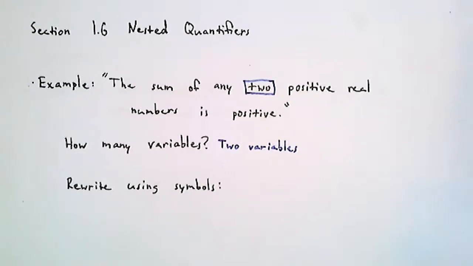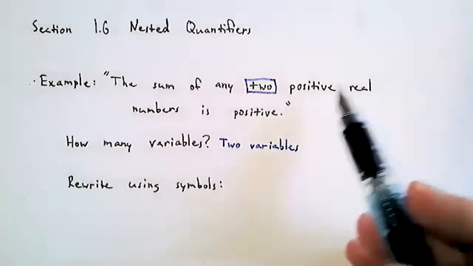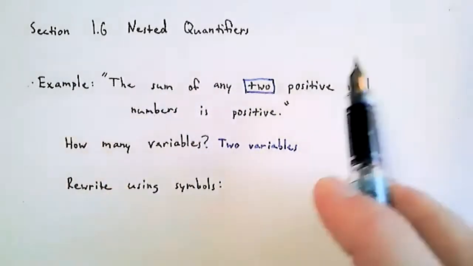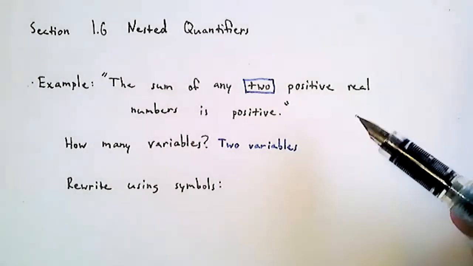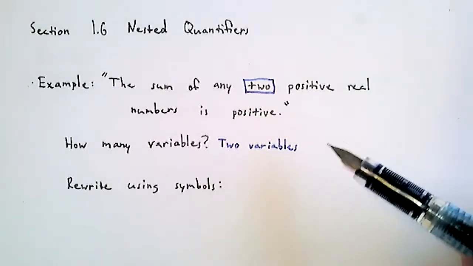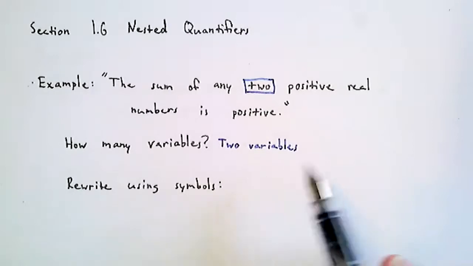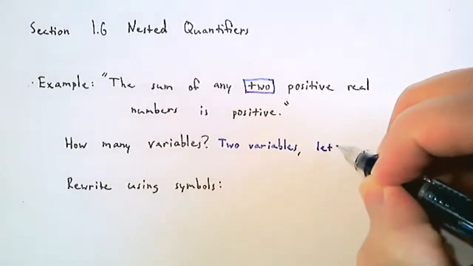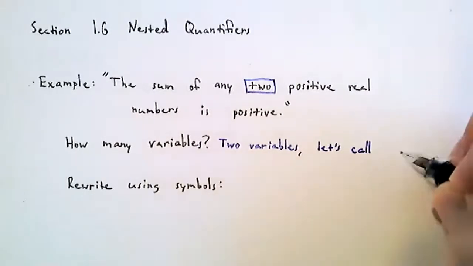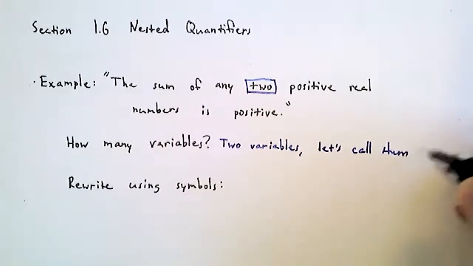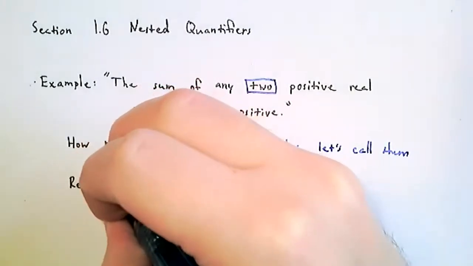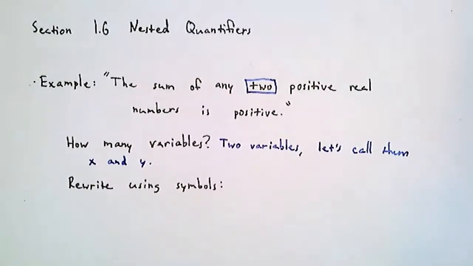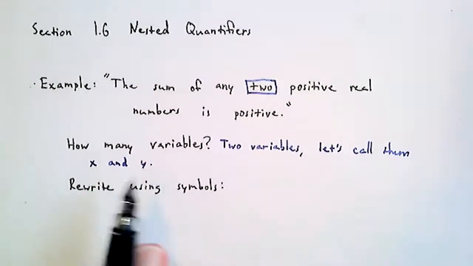Okay, so there are two variables, and whenever we're looking at a word problem in math, it's a good idea to name your variables before going any further. So we have two variables, let's call them x and y. And we know a little bit more about these variables.